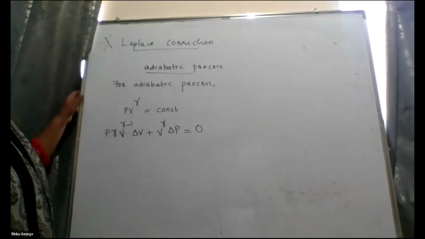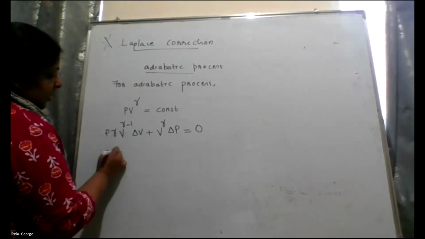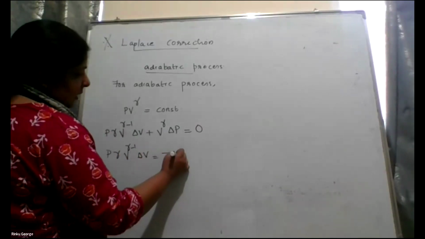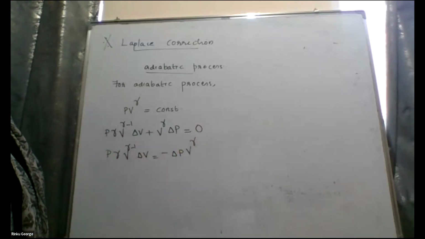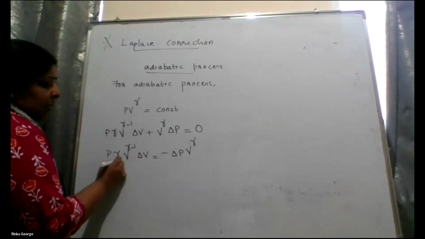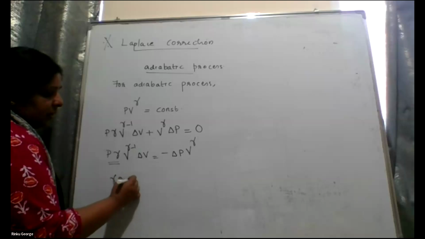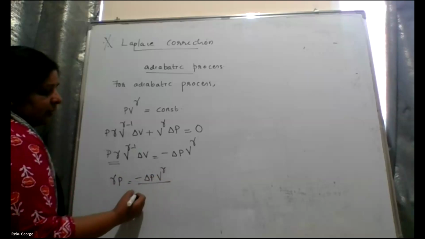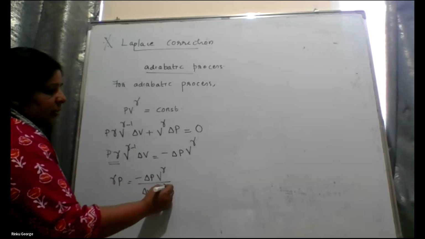Now find P from this equation. So P gamma V raised to gamma minus 1 delta V is equal to minus delta P V raised to gamma. So you keep gamma P here, okay? Rest all you have to take to the other side. Gamma P is equal to minus delta P V gamma by delta V gamma minus 1.